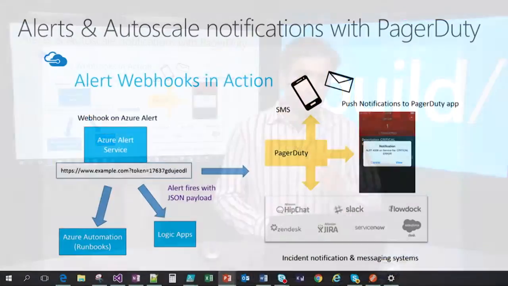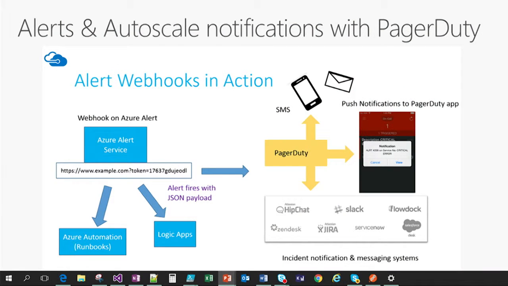Lastly, I want to call out some of the great work being done by our partners, PagerDuty. Many of you may already be aware of PagerDuty. PagerDuty is one of the leading alert and incident management systems out there, and we are excited to announce that we are working closely with them to provide you rich integration for Azure alerts.